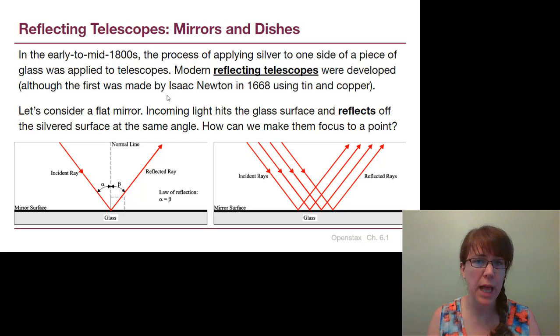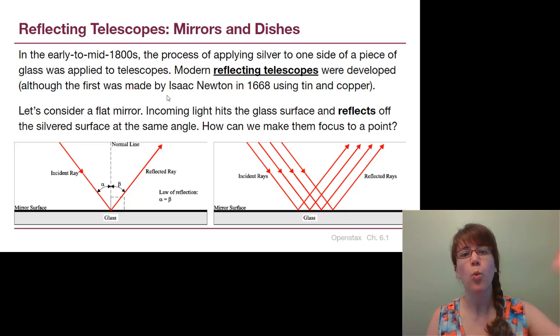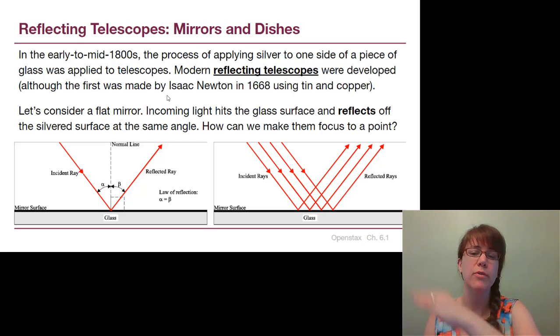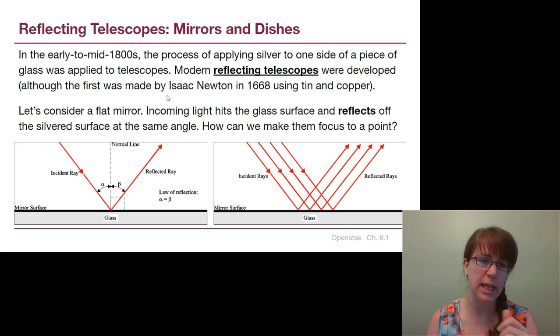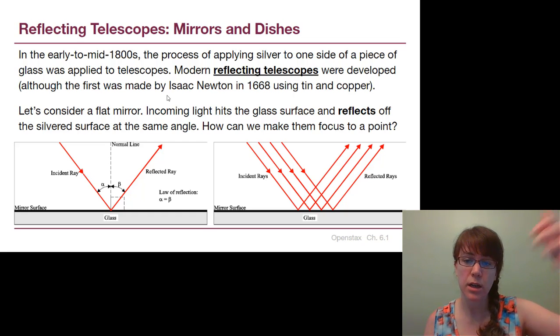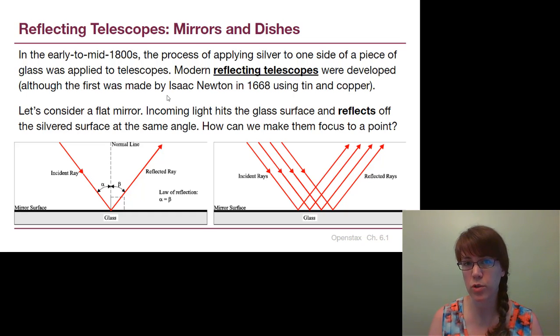Now, if we have a flat mirror, though, like we're showing here on the slide, when light comes in, it will bounce off at that same exact angle. That's called the law of reflection. And what it means is if we've got light coming in parallel lines, and that's how we describe light from a very far away object, it won't focus to a point.